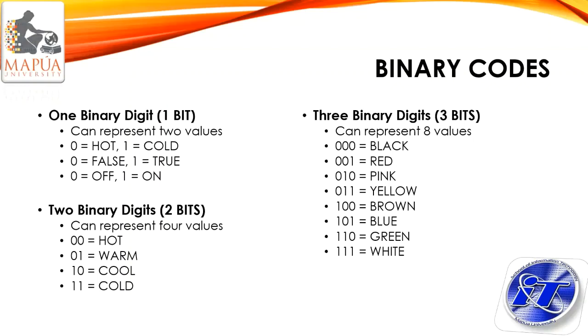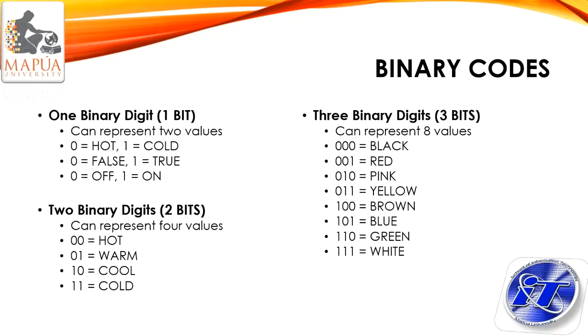Also, in binary code, we don't use the same pattern to represent different values. It should be one pattern, one value. No repetition of pattern. Why? Because there will be problems when we transform it back to the original value; there will be error.